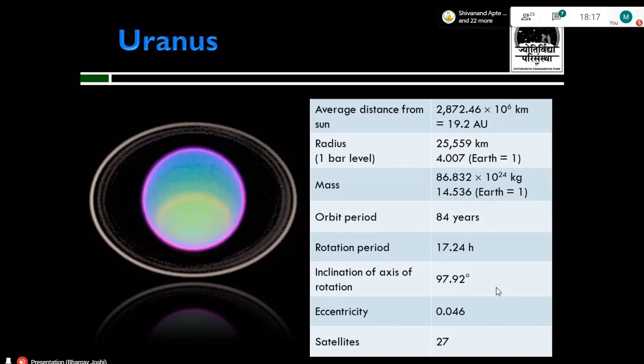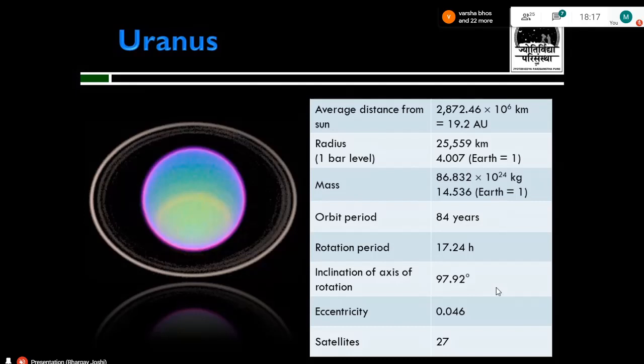Another interesting thing you can see in the parameters is the axial inclination. Where other planets have an axial inclination of almost 23 to 24 degrees, Uranus has an axial inclination of almost 98 degrees. So Uranus does not rotate vertically, it rotates horizontally.